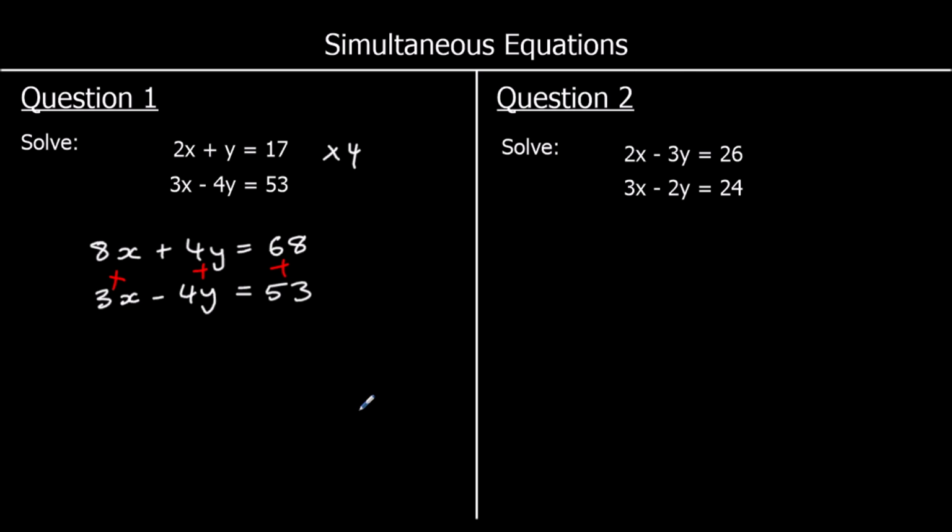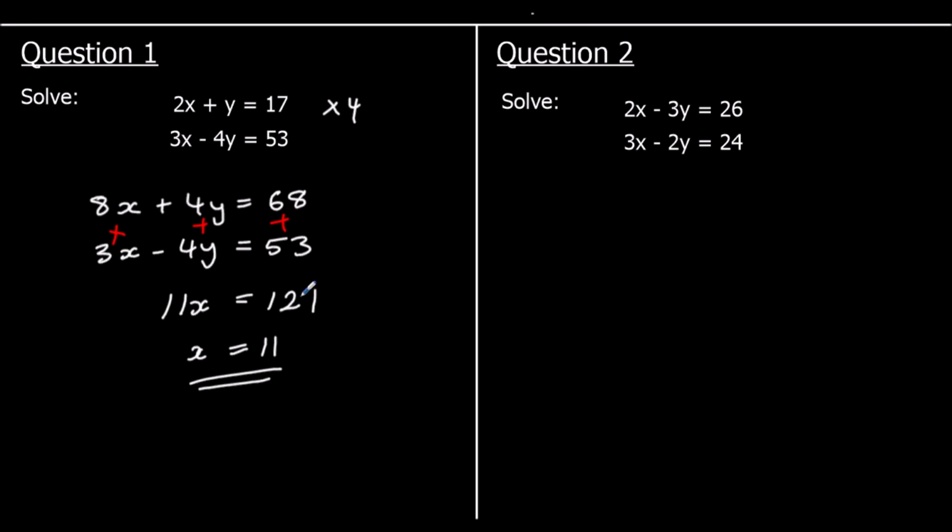So I've got 8x plus 3x, which is 11x. 4y minus 4y is nothing. And 68 plus 53 is 121. So divide both sides by 11. So x is 11. 11 squared is 121.